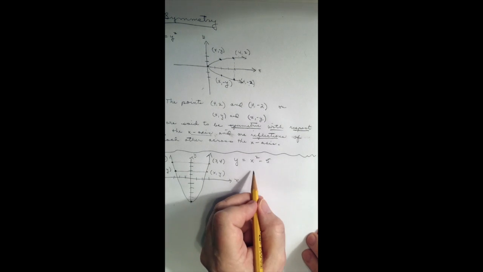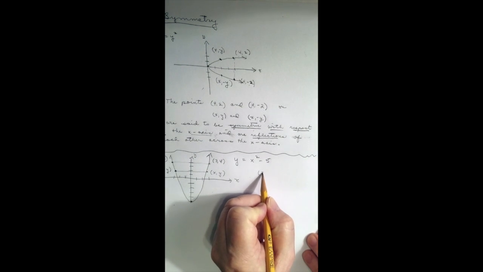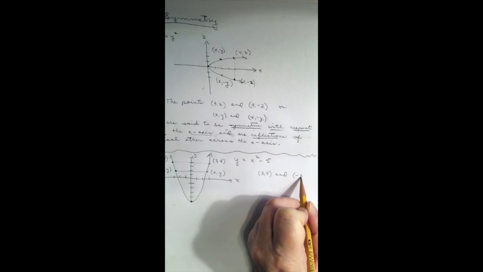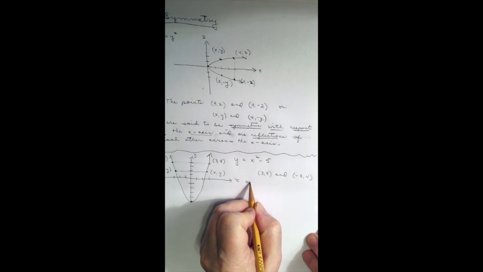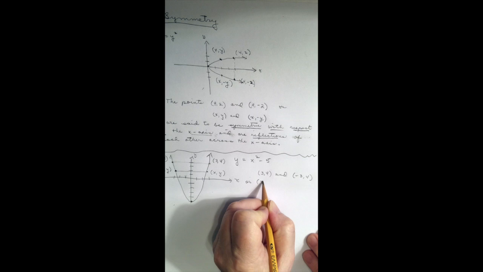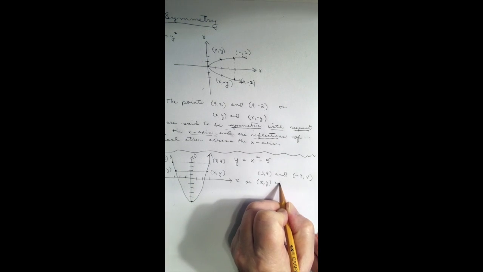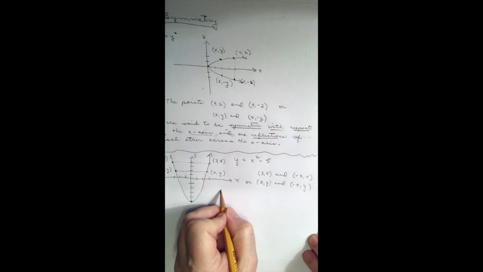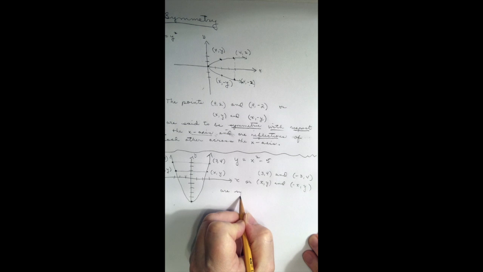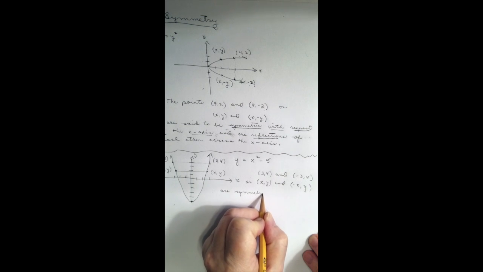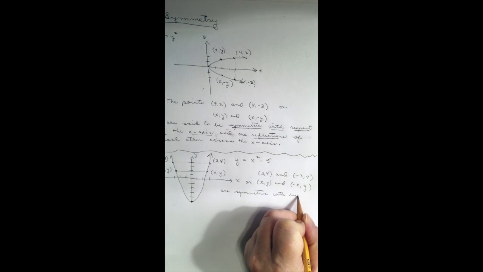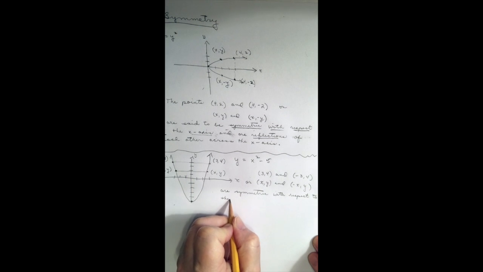And we would say (3, 4) and (-3, 4), or (x, y) and (-x, y), are symmetric with respect to the y-axis.